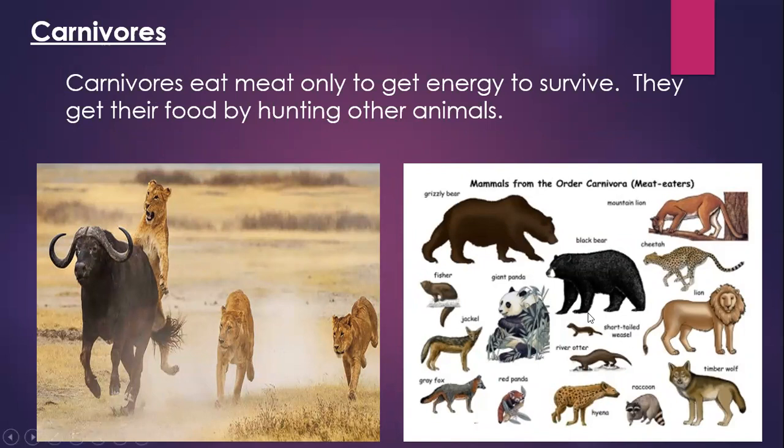They only eat meat, meaning the different animals. They hunt them and eat them. Look, just like this. Lion catches this animal and then they together will eat. All these animals are the examples of carnivorous animals.